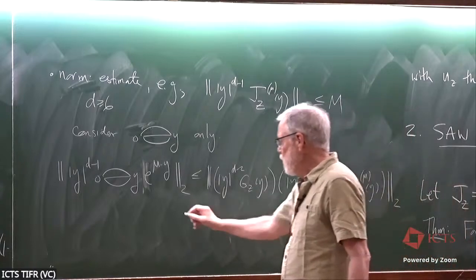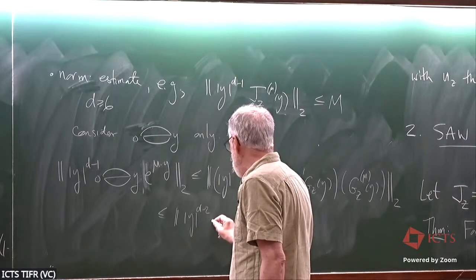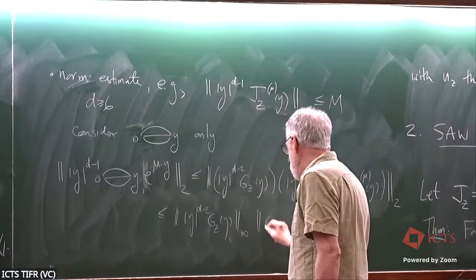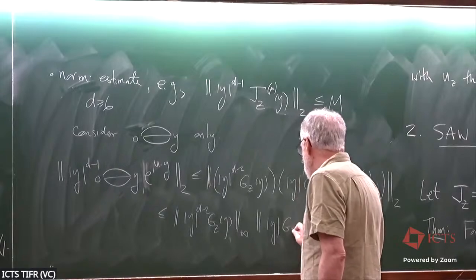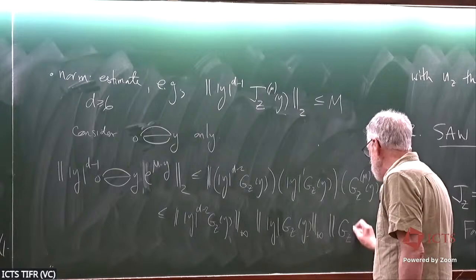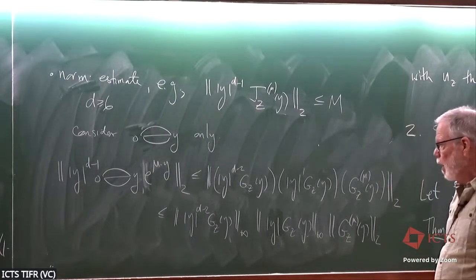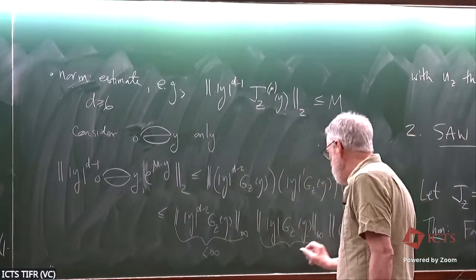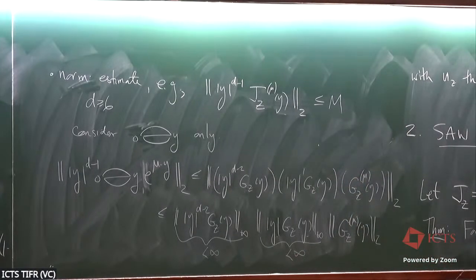So we can just use L infinity norms on these first two factors. And these two guys are just bounded, because of this inequality.